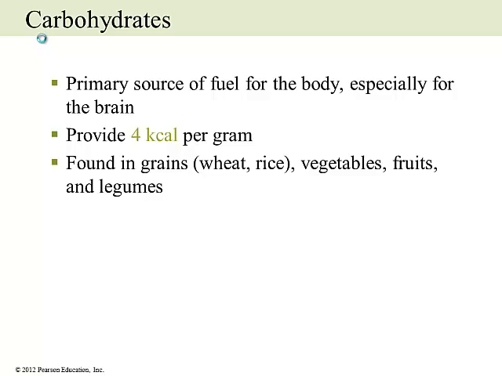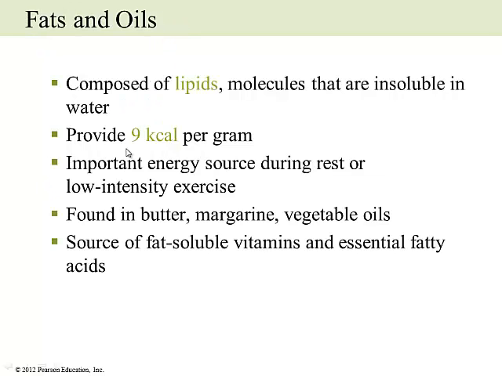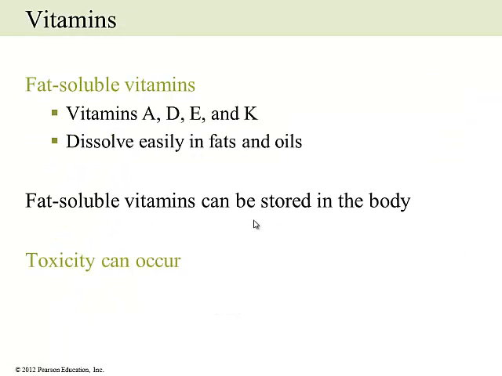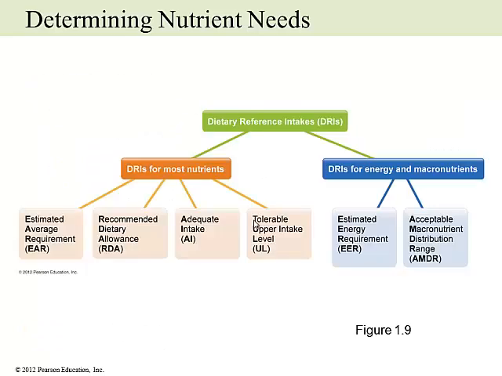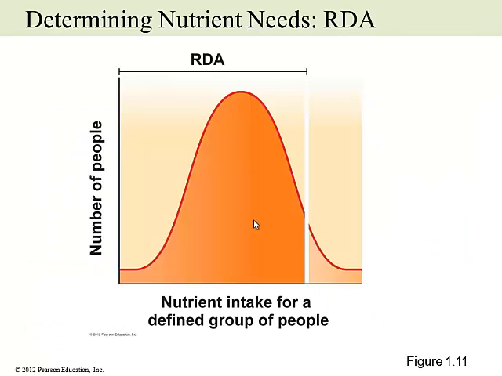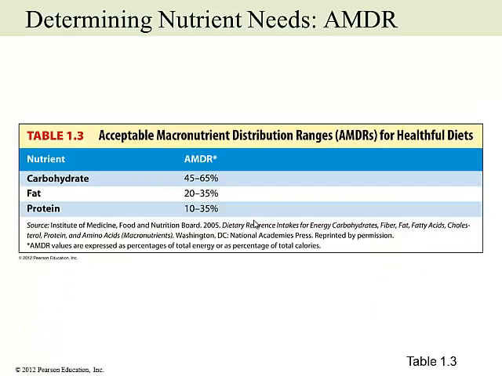So what does it say for fats, do you know? 9. It says 9 kilocalories, but I'm going to go down to where that little chart is. There it is. This is what I'm referring to, okay? So it says 20 to 35% of your kilocalories of energy in your diet per day should come from fat.